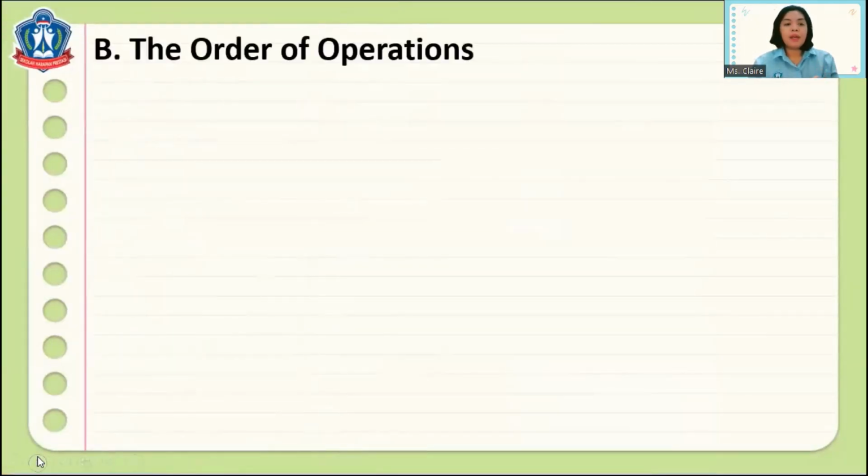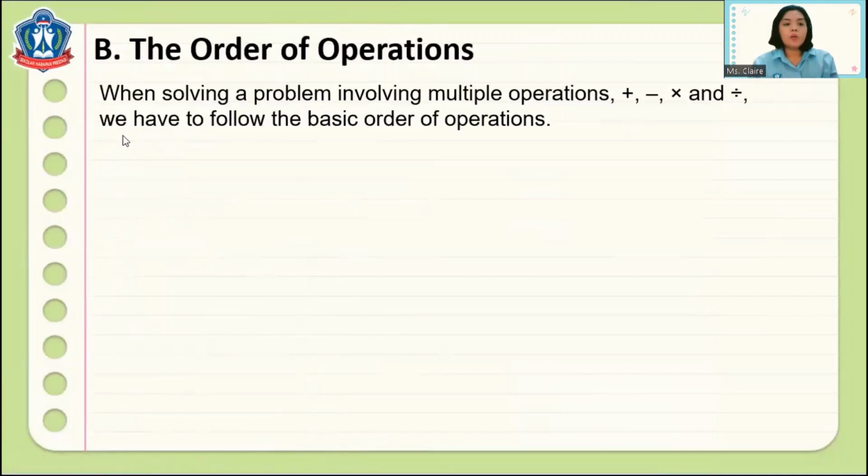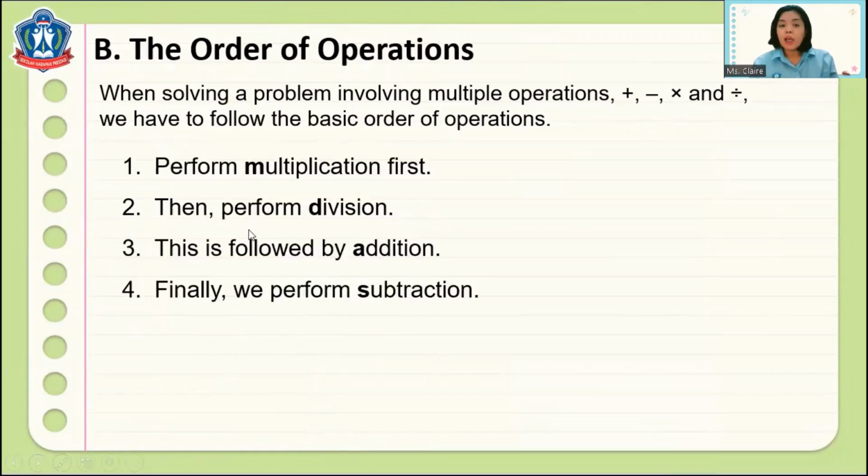Take note. In the order of operations, children, always take note of this. When solving a problem that involves multiple operations such as addition, subtraction, multiplication, and division, always follow this basic order of operations. Do multiplication first, then division, followed by addition and subtraction.